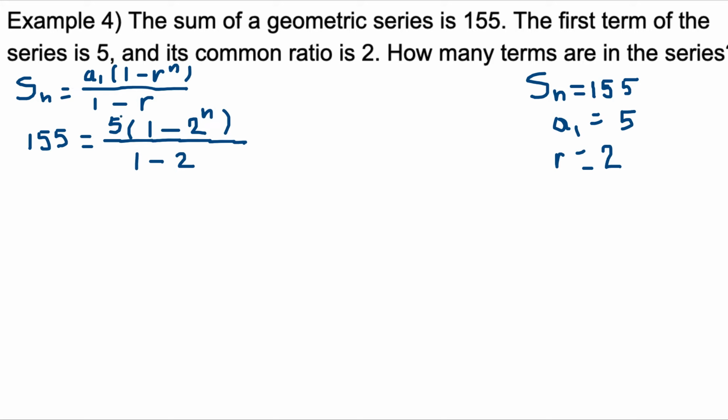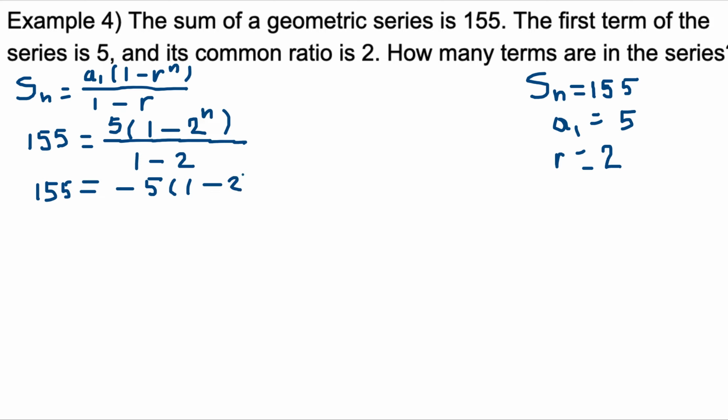Now 1 minus 2 is minus 1, and 5 divided by minus 1 gives minus 5. So 155 is equal to minus 5 times 1 minus 2 in exponent n.